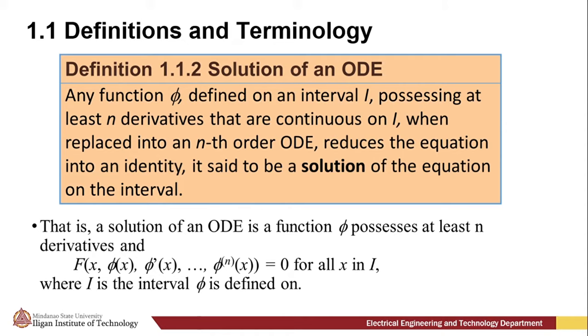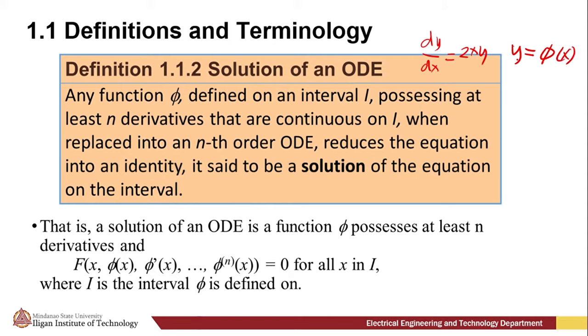So, sa madaling salita, ang solution ng ordinary differential equation, for example, we have dy over dx equals 2xy. So, ang solution ng differential equation nito ay a function phi of x.